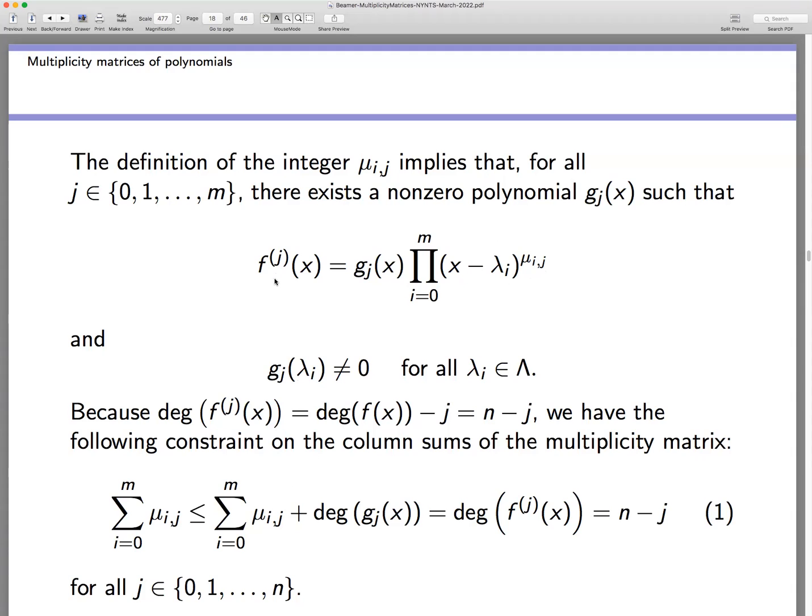So the degree of this polynomial is exactly n minus j. So we have this inequality on the entries of the multiplicity matrix, for fixed j, with i going from 0 to m. This is a column sum. So this says if you take the jth column sum of a multiplicity matrix, it's bounded above by n minus j.